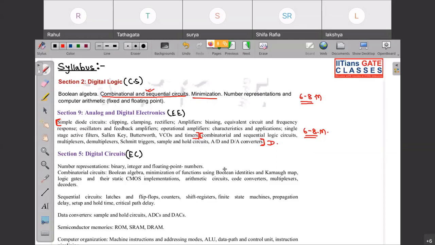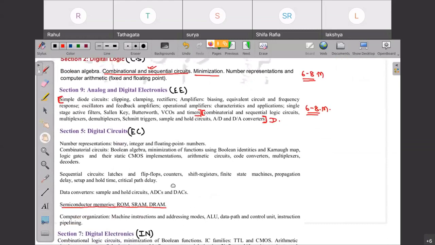The only difference you might see is semiconductor memories, which is specially for EC, and computer organization. Computer organization is also there for computer science students. So EC guys, you are going to read computer organization with CS people.